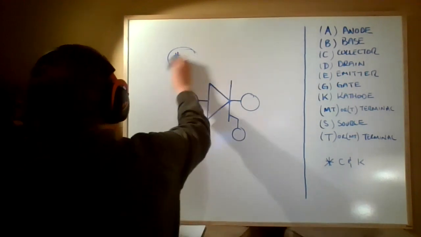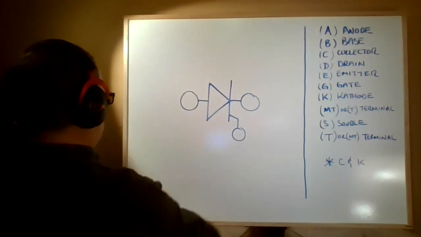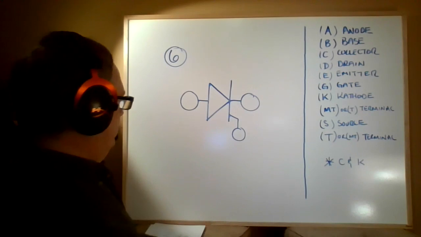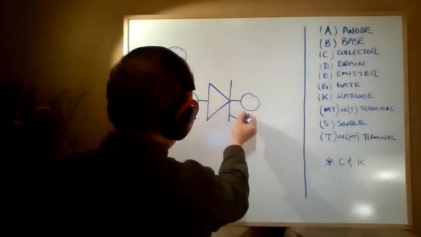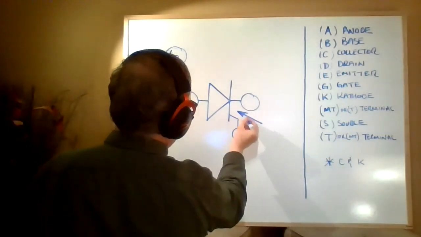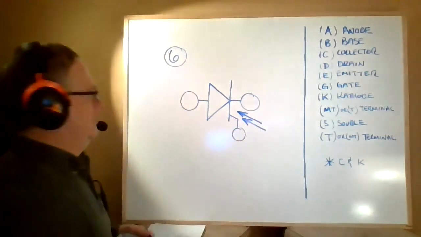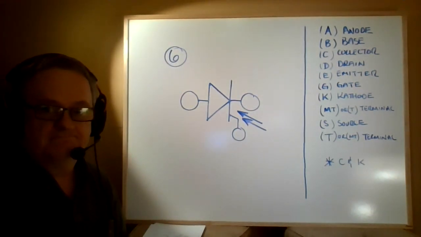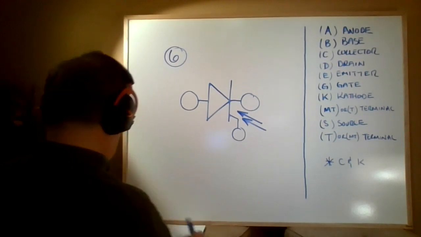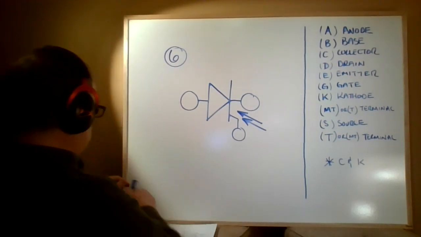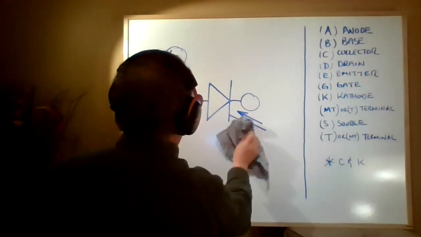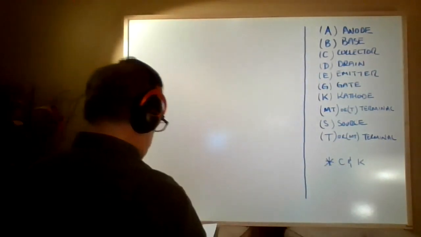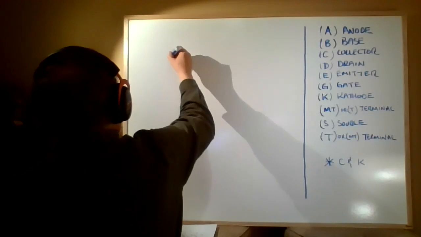Okay, number 6. Number 6 looks pretty similar with just one change: the addition of those two arrows, okay? So number 6. Number 7, interesting component.